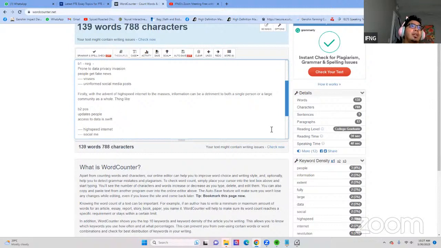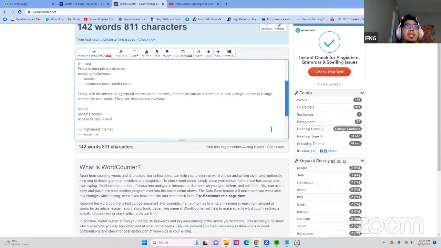Things like data privacy invasion, wherein, semicolon, we use a semicolon on this one.